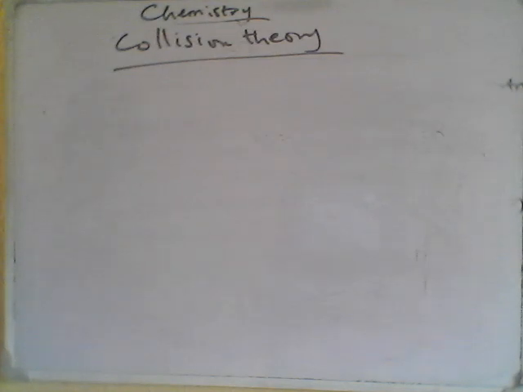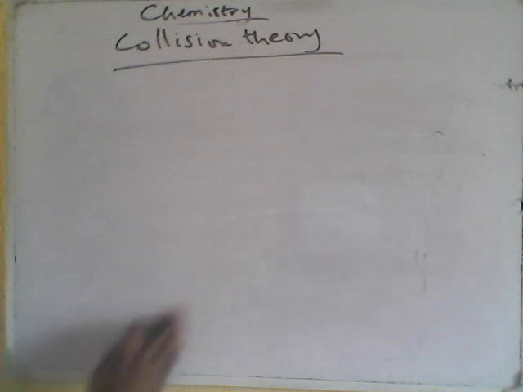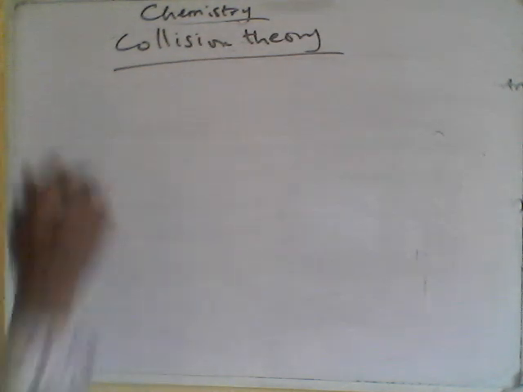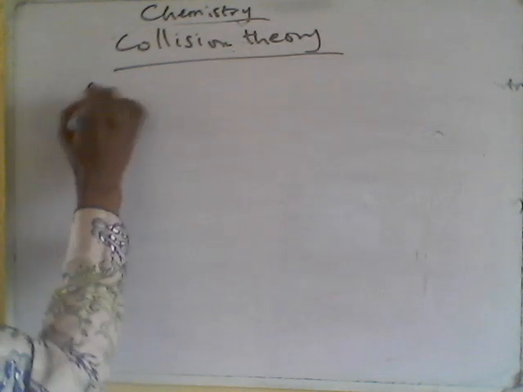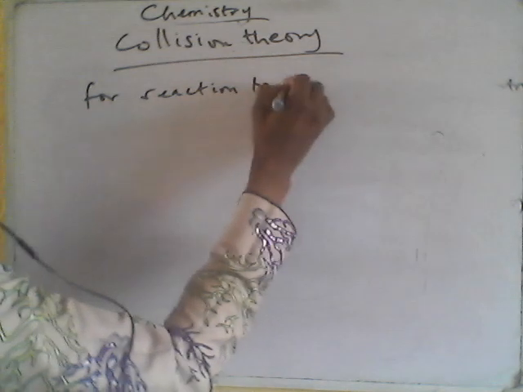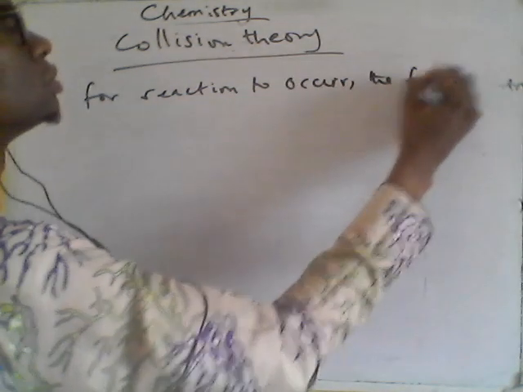Okay, so collision theory explains how and why reactions occur. If there's no collision, a reaction will not happen. So there must be a collision. The main idea is that for a reaction to occur, the following must happen.